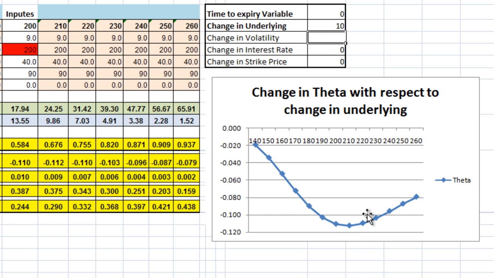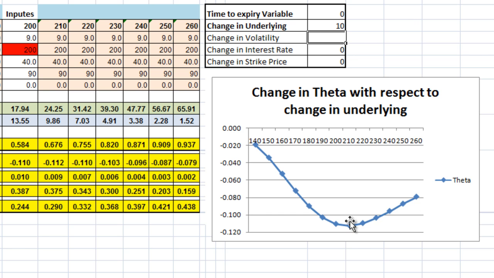That means if it is too much in the money, as every day passes, there will be less reduction in the value. The value will reduce less as the time passes.